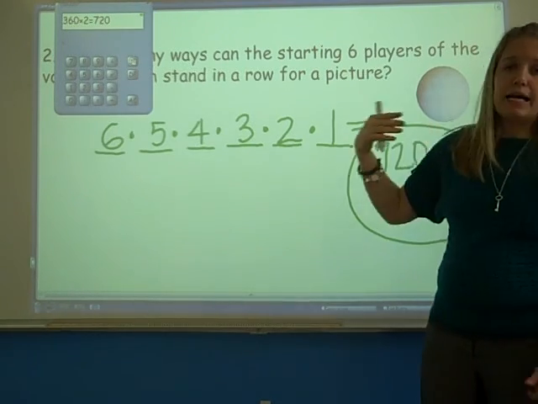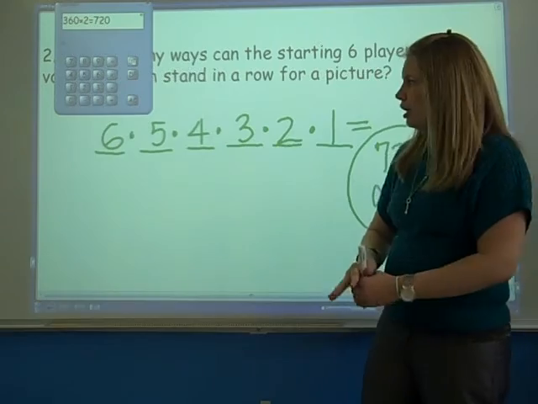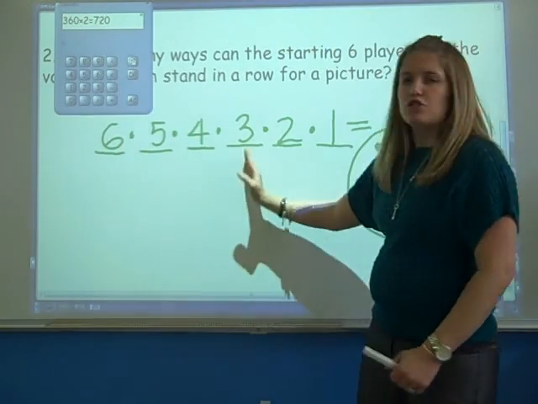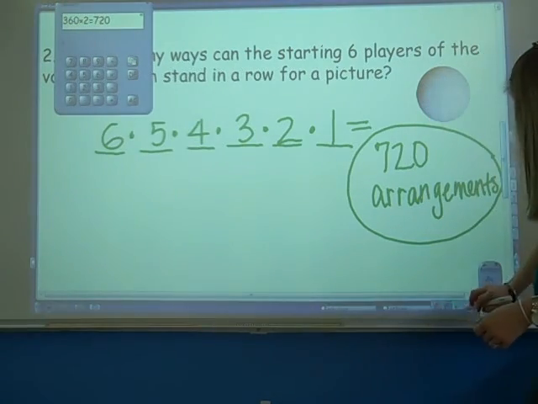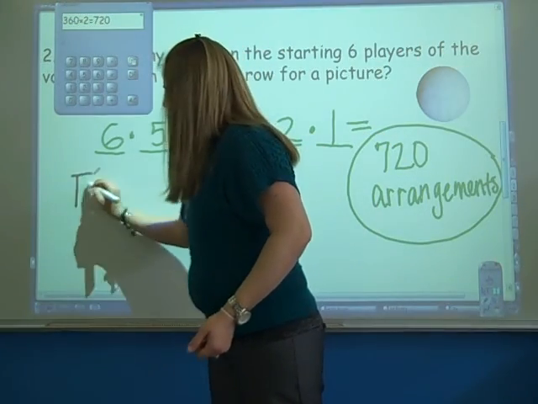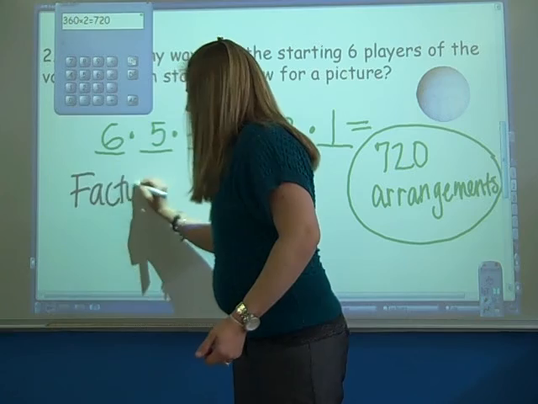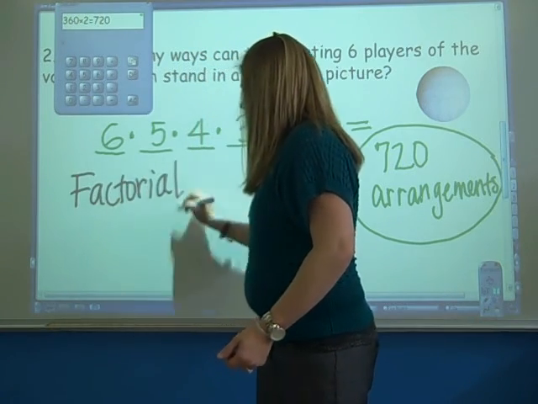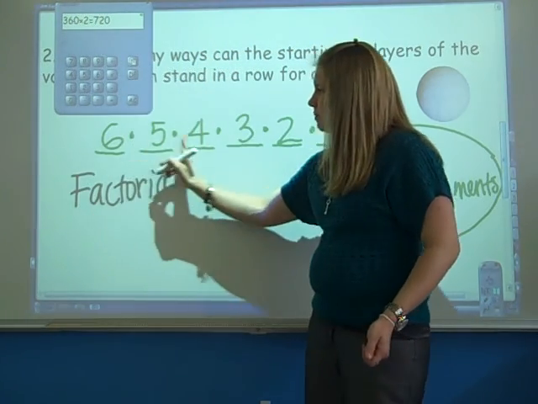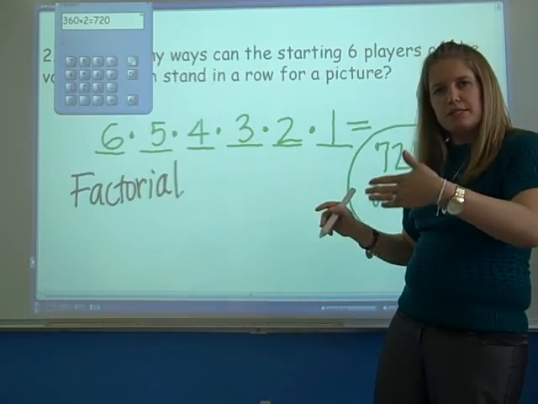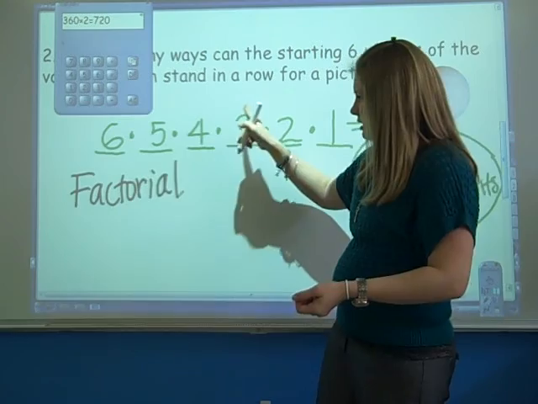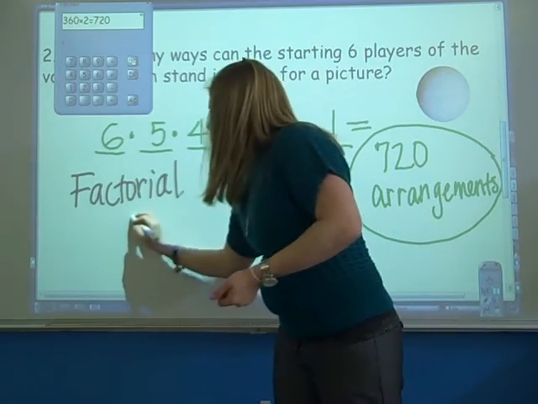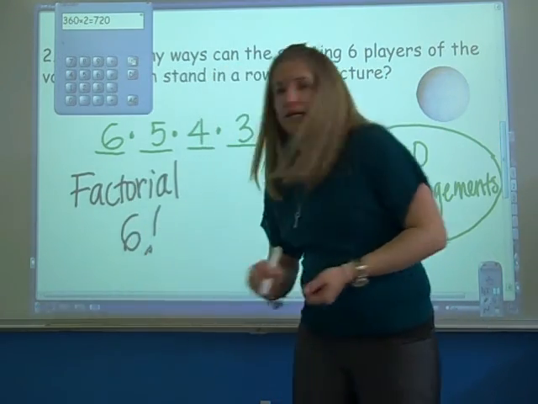Now, just as a side note, some of you may have seen this already. When you're multiplying like this and it's going down, that's called a factorial. Okay? And a factorial is when you're multiplying down like this where each number is decreasing. And if we wanted 6 times 5 times 4 times 3 times 2 times 1, we could write it like this with an exclamation point.